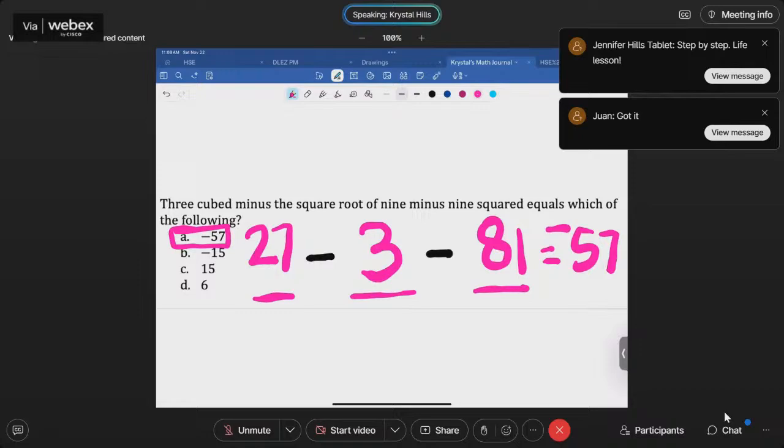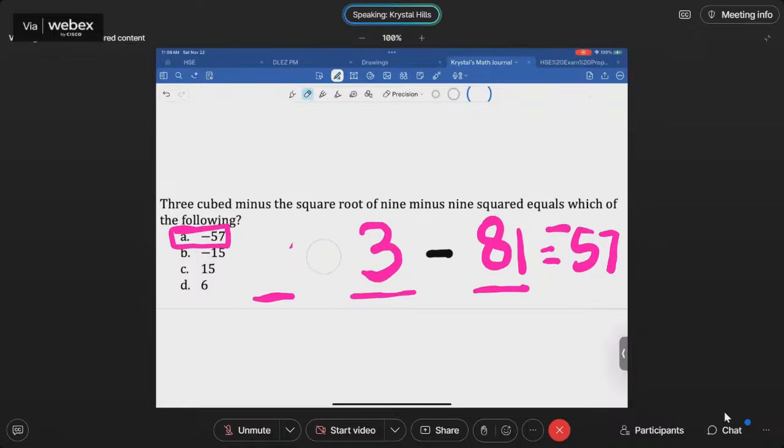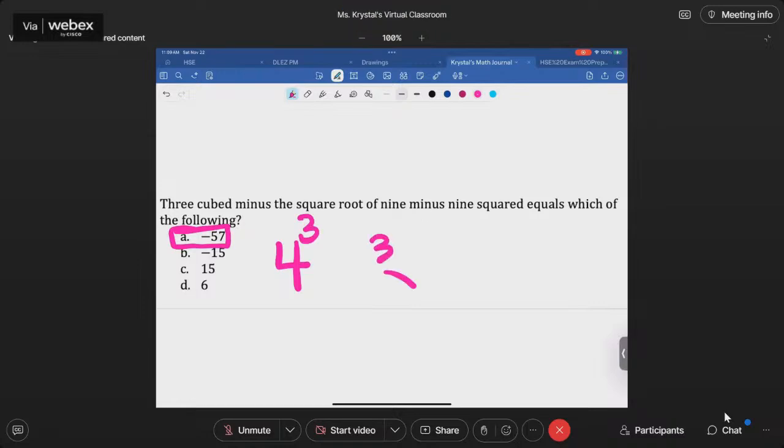Step by step. Yes, Dr. Hills, step-by-step life lesson. But we must know, remember I told us in the beginning, we must know the rules. So once again, if you see cubed, let's say we have 4 cubed, it looks like this. Cube root looks like this.